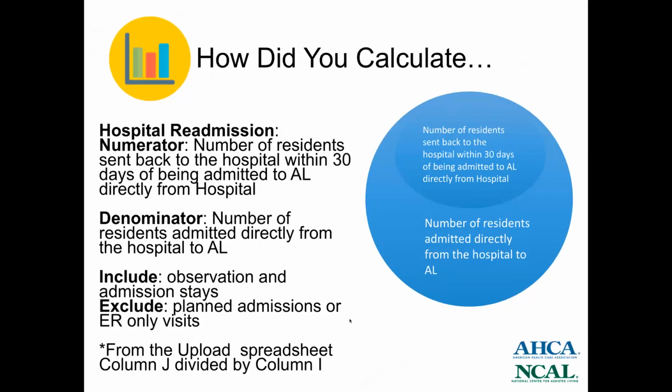They could be returning residents, so a resident that went to the hospital and then came back to your assisted living. But most importantly with readmissions is they come directly from the hospital to your assisted living, meaning they do not go to skilled nursing. They do not go to a relative's home. Their home before assisted living was their home. They don't go anywhere else. They directly come to your assisted living.